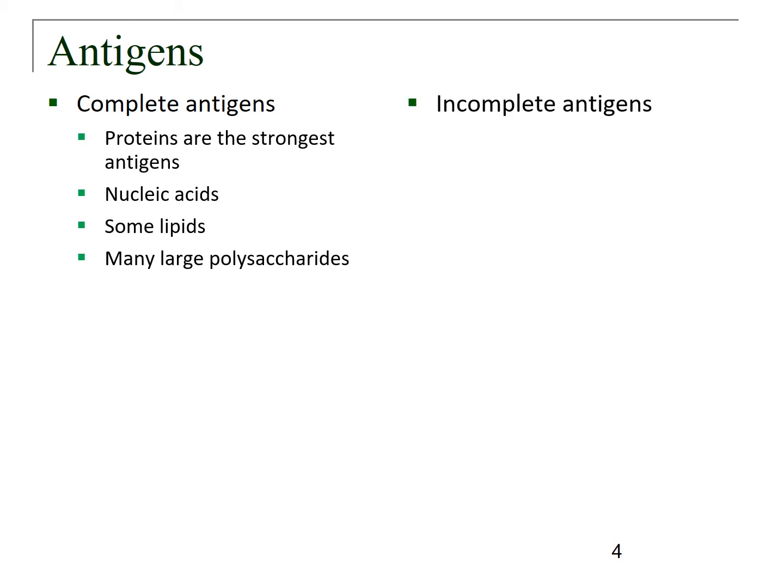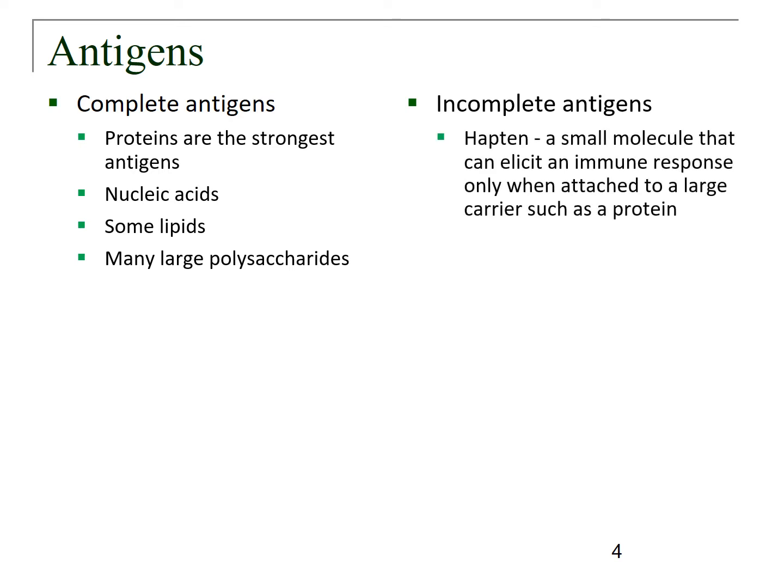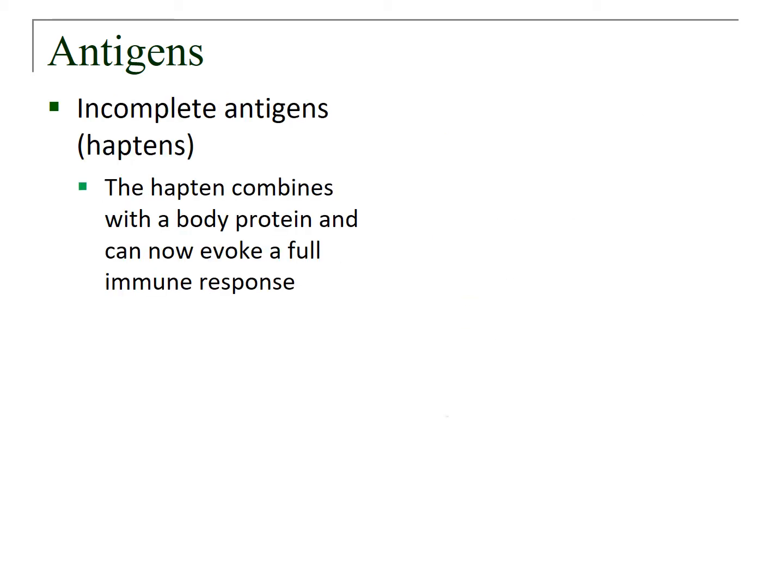Now, incomplete antigens are different. Incomplete antigens involve smaller molecules that can only start an immune response when they get attached to one of the body's proteins or a large carrier such as a protein. And so incomplete antigens do tend to be small molecules such as peptides, nucleotides, and hormones.